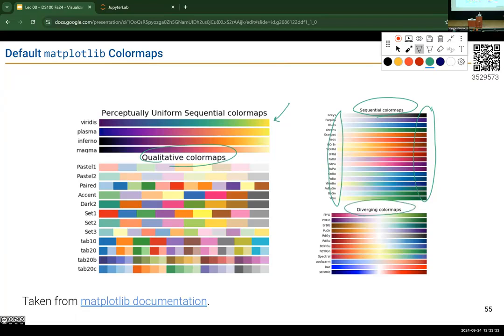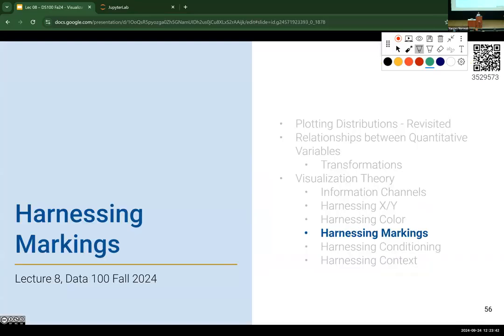We can also have divergent color maps that start from a certain color and end in another color, and at the center they're all white. At the center, where there's no bias toward any of those divergent categories, you would get the white color when you're representing all of those categories.